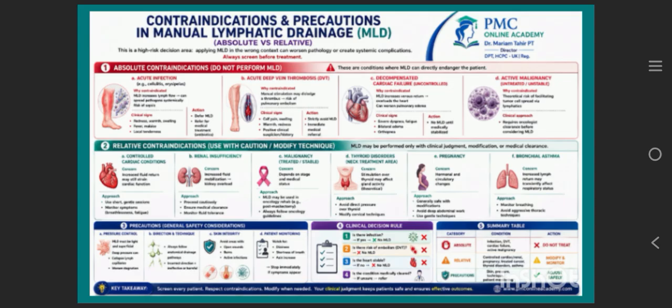Firstly, absolute contraindications, where you do not perform MLD. These are conditions where MLD can directly endanger the patient. First is acute infection, for example cellulitis or erysipelas. Why contraindicated? MLD increases lymph flow that can spread pathogens systemically, with risk of sepsis.